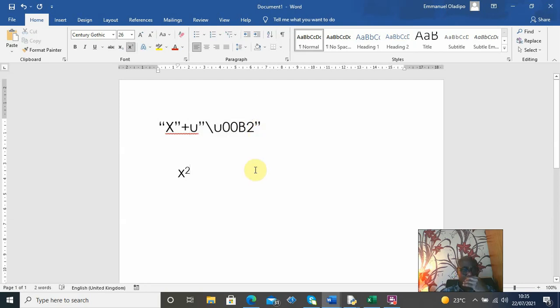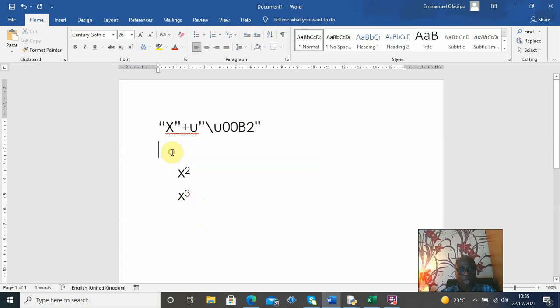Now, another thing I want to say here is that if you want to concatenate, let's say you want to write x cubed, we can do it the same way. So now we have the code for x cubed, for the power 3.